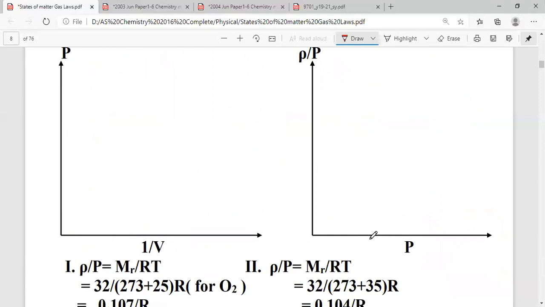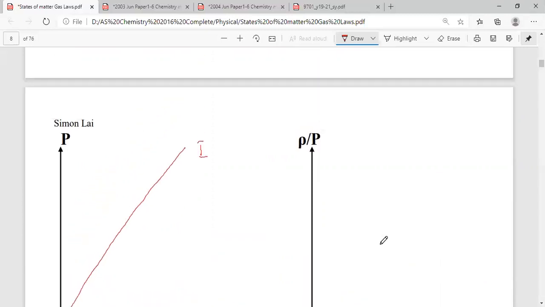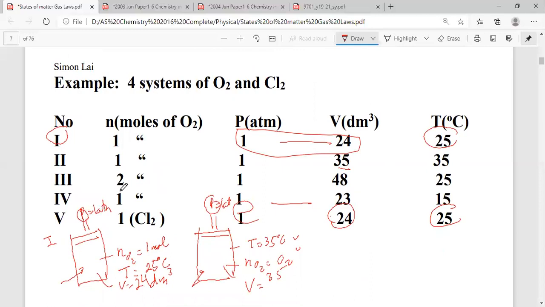First, of course, if there's 0 volume, there's 0 pressure. So let's try that. Experiment 1. Experiment 2. For this one, for 1 atmosphere, 1 over V will be smaller, because 1 over 35 is smaller.